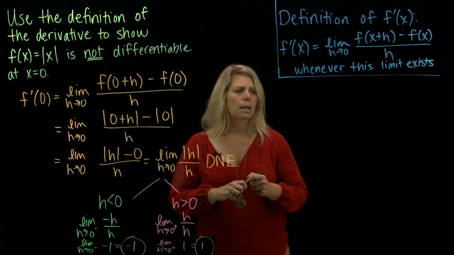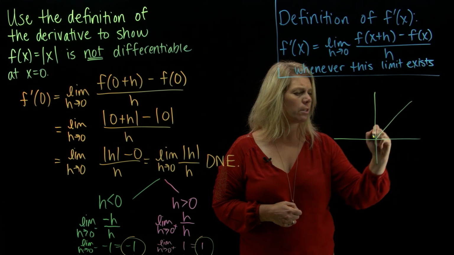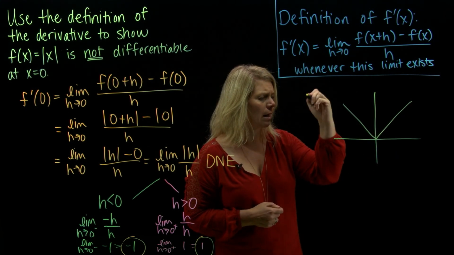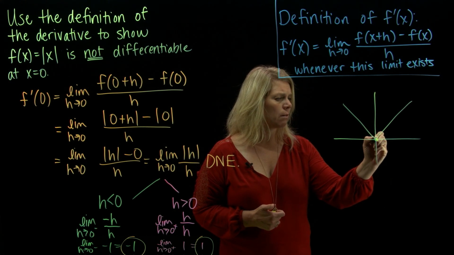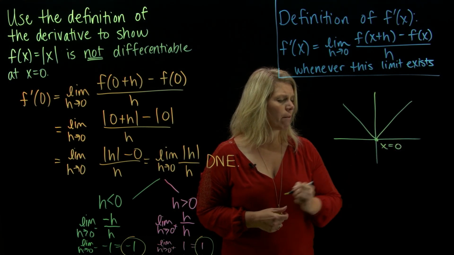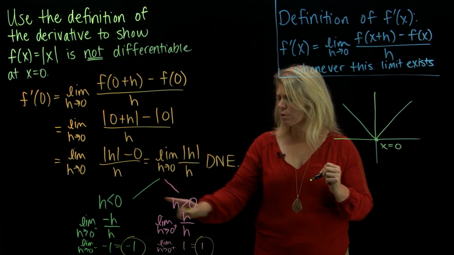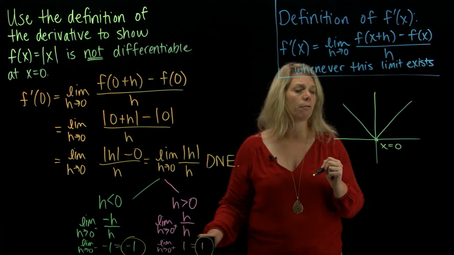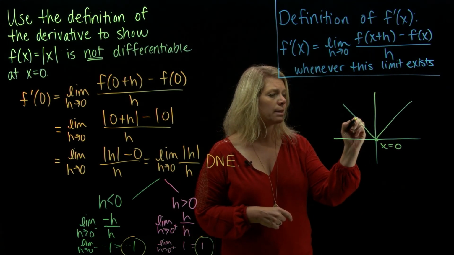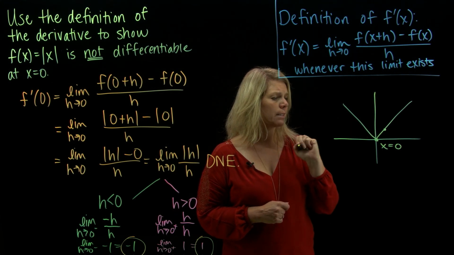All right, so this particular function, you probably know what the graph of this function looks like. If I just draw an x and y axis here, we've got kind of a V shape to the function here. And x equals 0 is right here. We have the point (0, 0) there. And so if I think about what's going on with these two limits that we were looking at, when h approaches 0 from the right, I have a point that's a little bit larger than x equals 0, so on the right side of x equals 0.